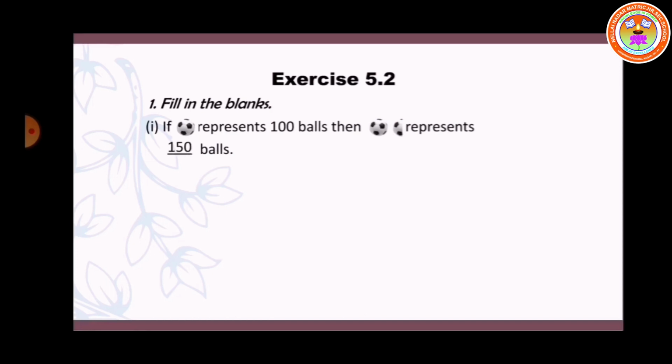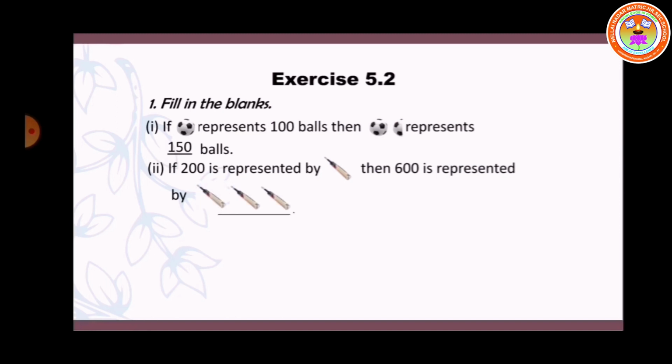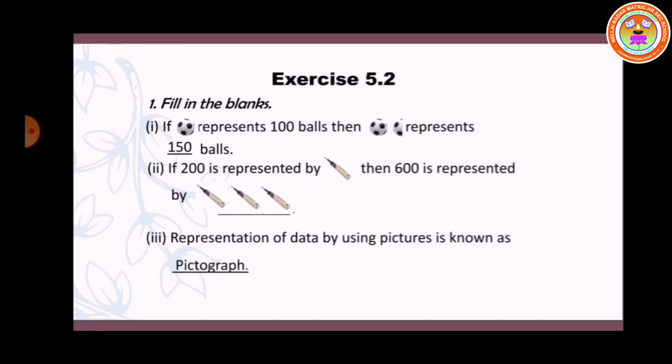The answer is 150. Second one, if 200 is represented by one bat, then 600 is represented by 3 bats. Third one, representation of data by using pictures is known as pictograph.